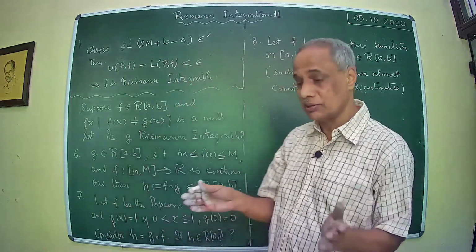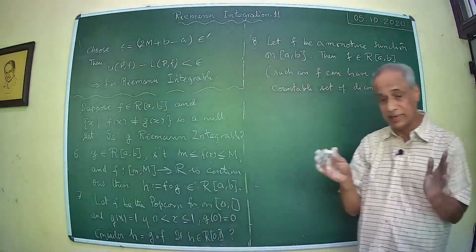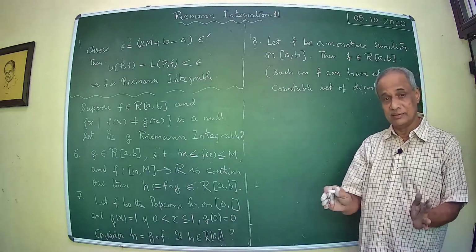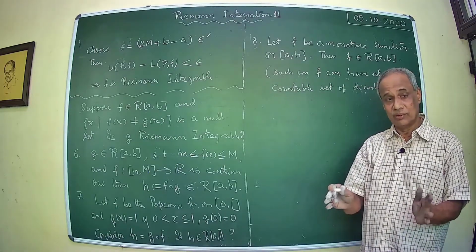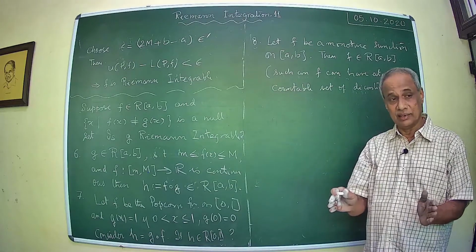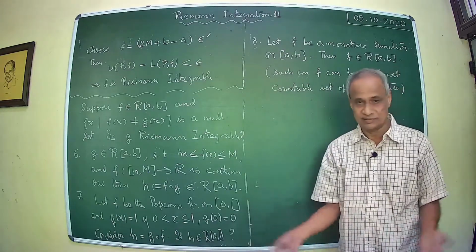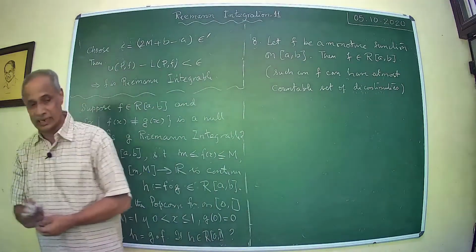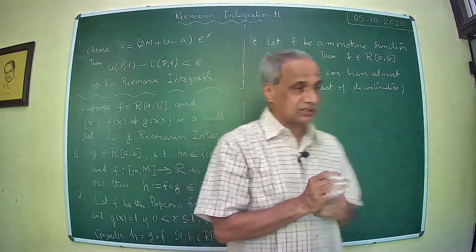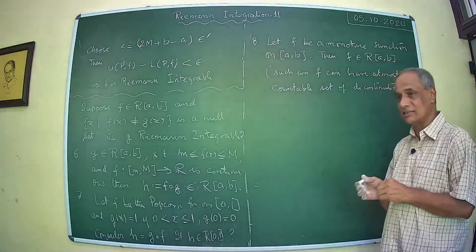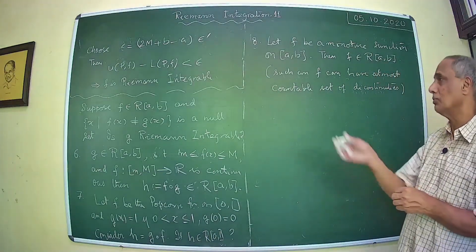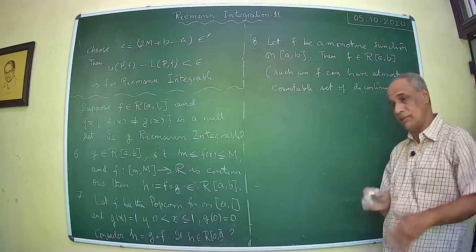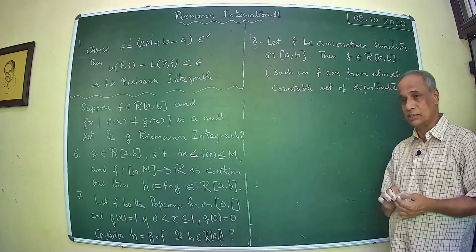First, explore the connection between the area function and what you call the antiderivative of the function. So that is the fundamental theorem of calculus. Now the second problem was, of course, which functions are Riemann integrable, and that also we have resolved. So two major questions we have already tried to explore.